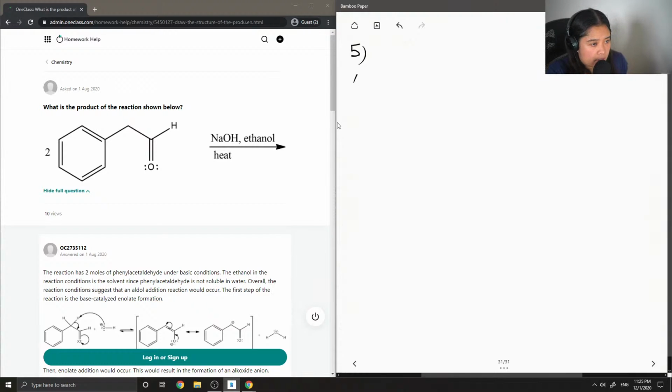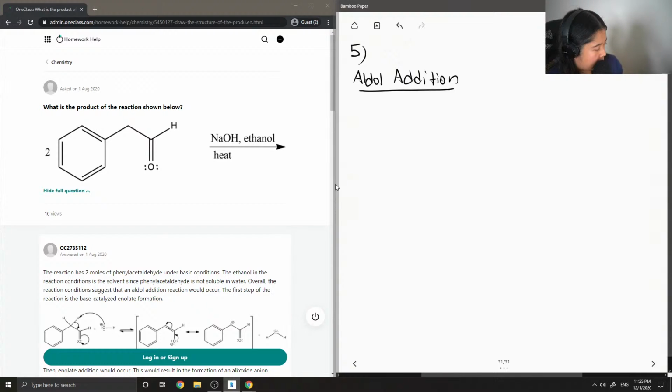So this is an example of an Aldol addition. So notice that there are 2 moles of this phenylacetaldehyde. So it actually reacts with itself in order to form the final product.